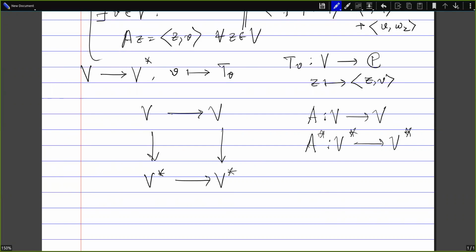How is A star defined? Any element F in V star is sent to F composed with A. That is how the dual map of a linear map is defined.